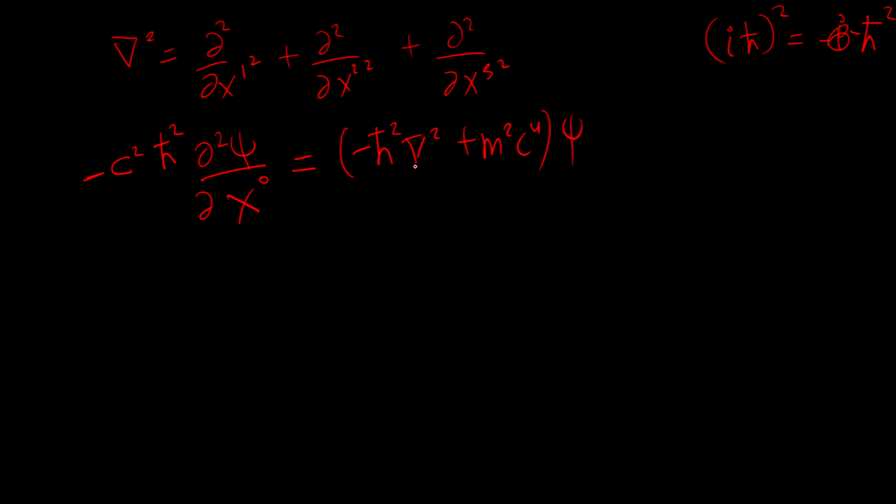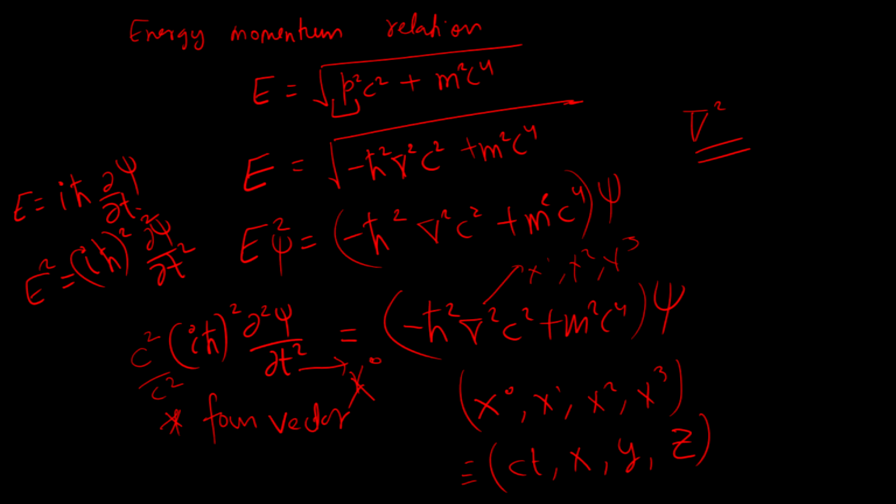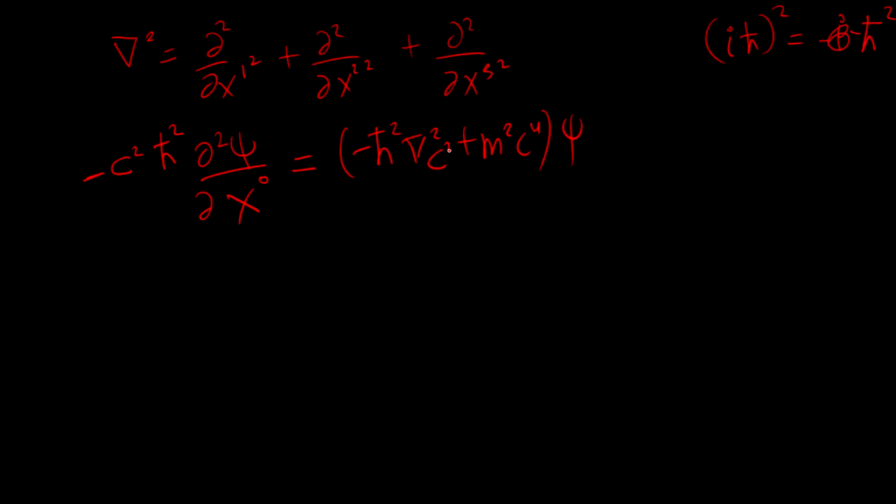So how can I rearrange this? Sorry, one more thing I am missing. What I am missing here is this c square. So I can take it to the left hand side, or basically add h cross square del square c square on both sides.